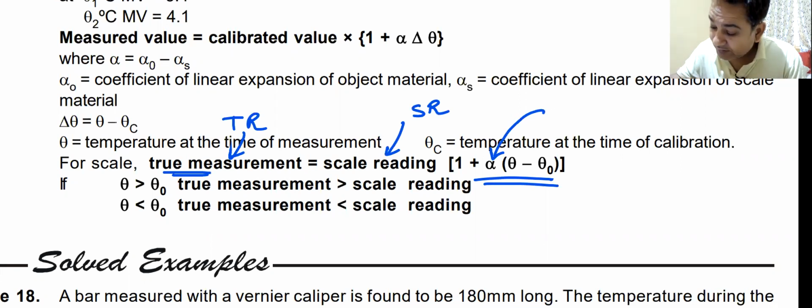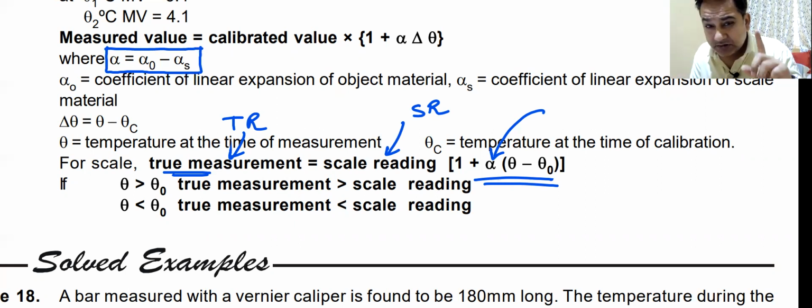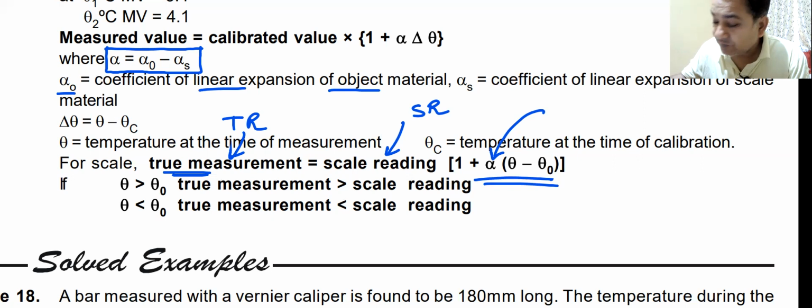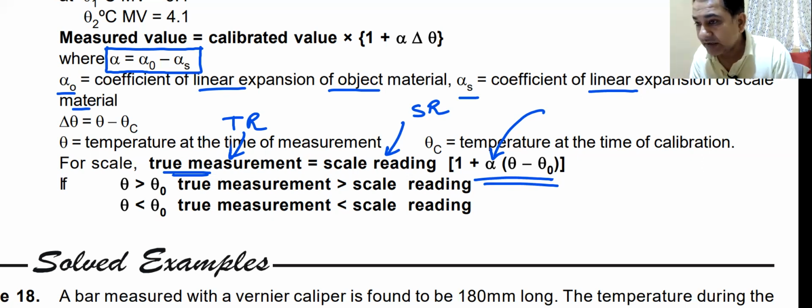No. Here alpha is alpha O minus alpha S. Alpha O is the coefficient of expansion for the object and alpha S is the coefficient of expansion for the scale. Am I clear with this?